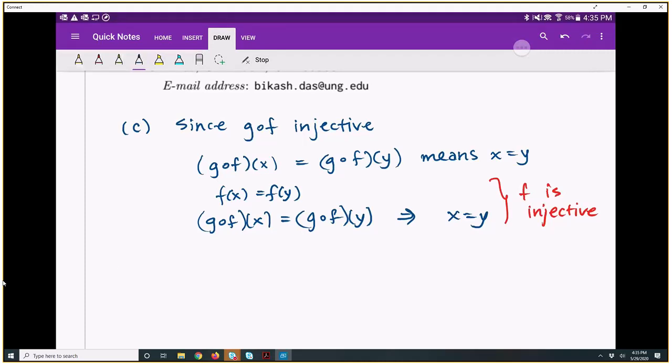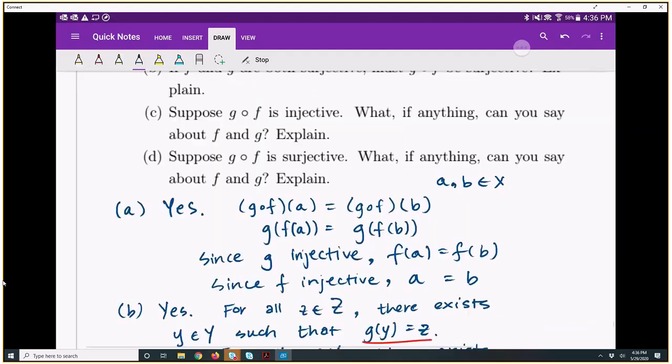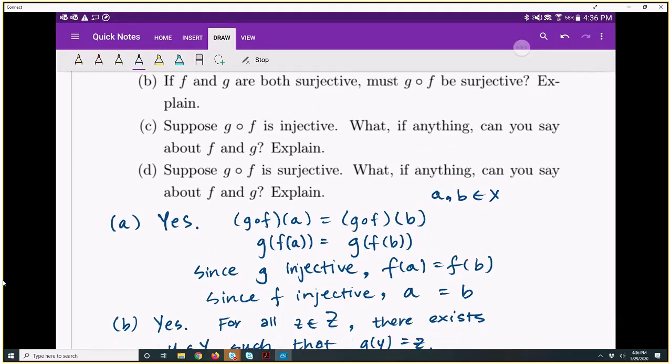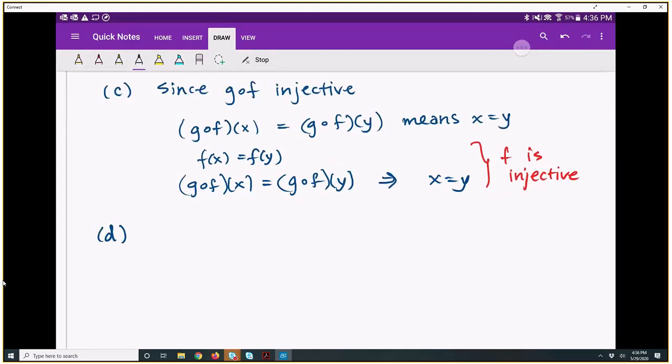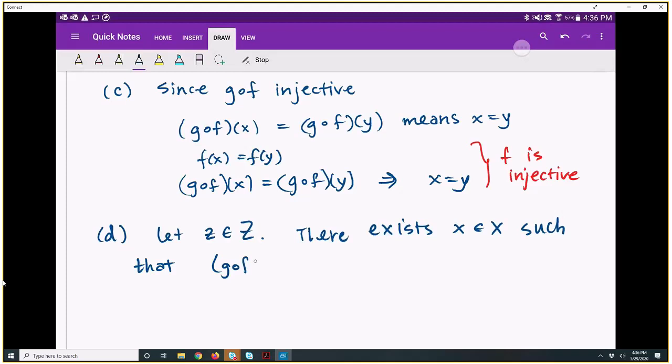And similarly, it asks us if the composition is surjective, can we say anything about f and g? We can. So let's take a little z in Z. Since the composition is surjective, there exists a little x in the domain X such that the composition takes little x to z.